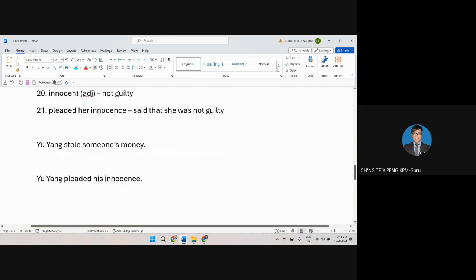Understand? If you plead your innocence, you said that you are not guilty.